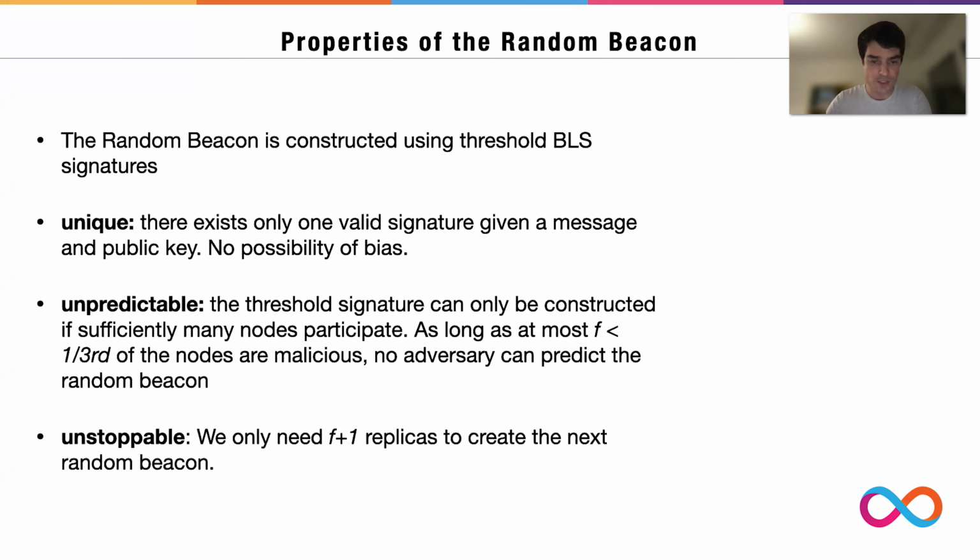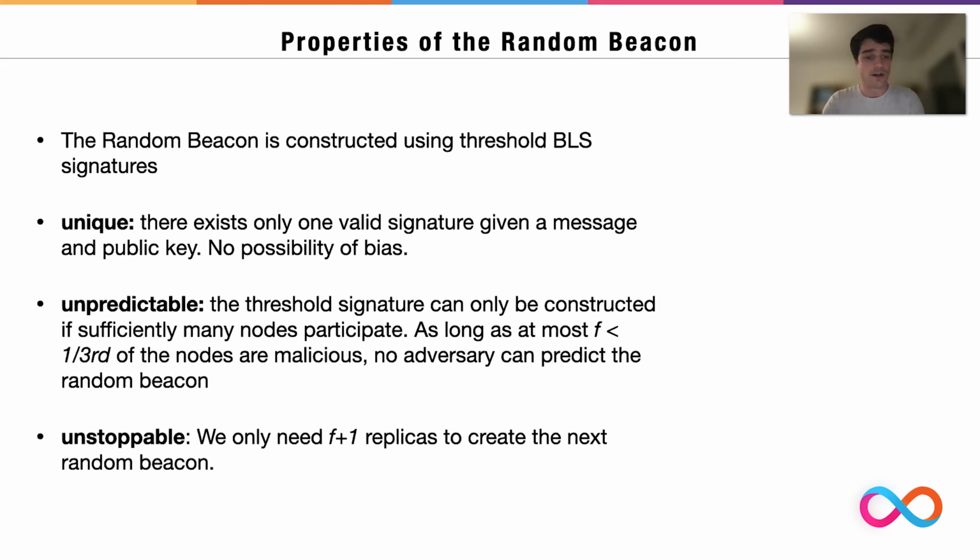And under our assumption that the adversary controls less than a third of the replicas in our subnet, and since we need more than a third partial signatures to create such a threshold BLS signature, this means that the adversary cannot on its own compute the random beacon ahead of time. So it can only be known when the time is right, when honest replicas help out.